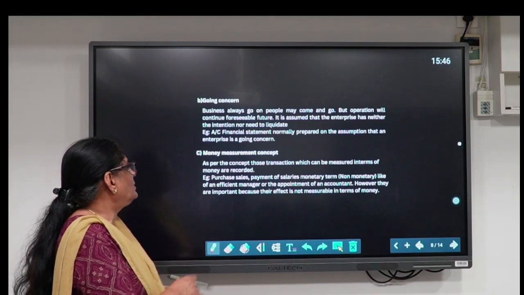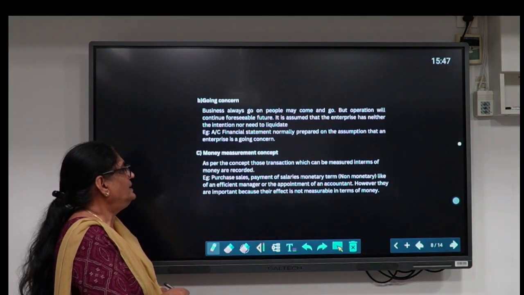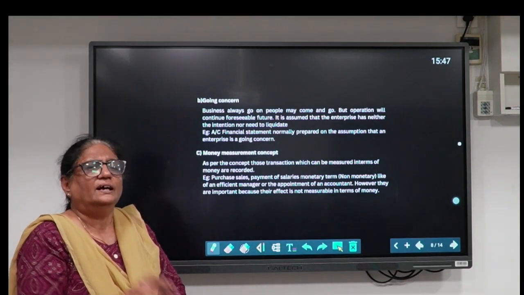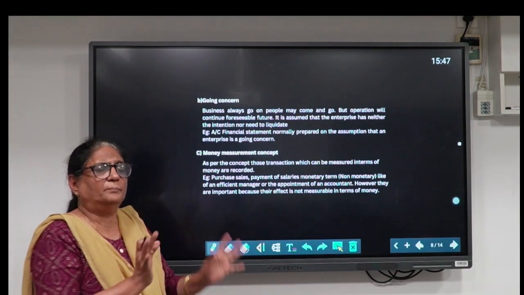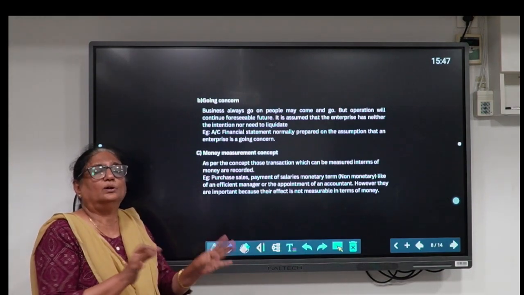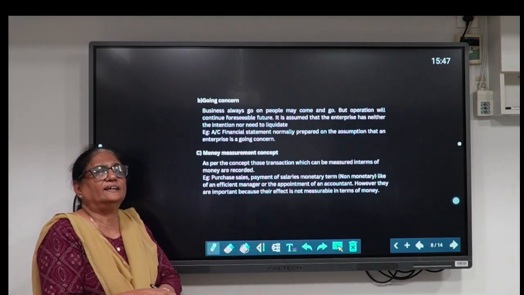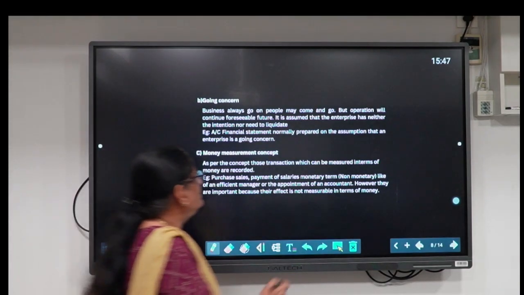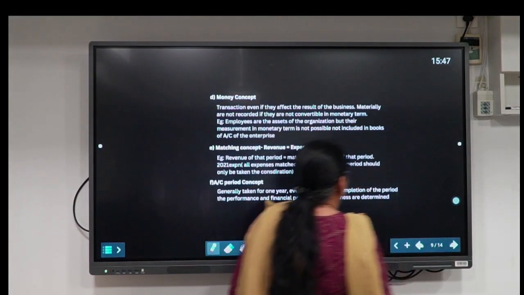However, they are important because their effect is not measurable in monetary terms. Though he may be an efficient manager, he is non-monetary. He is the one who brings the final goal of the organization, but he is non-monetary. That is money measurement.